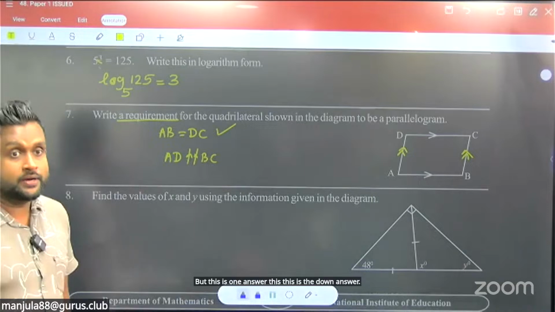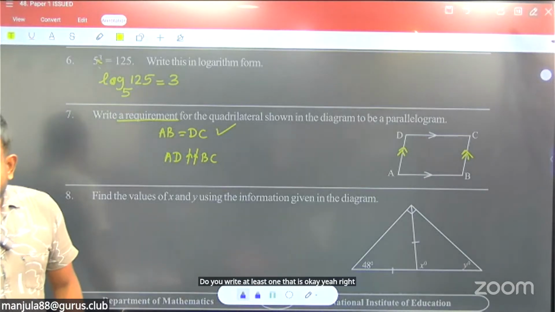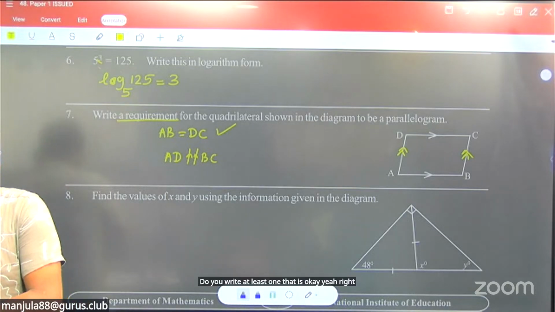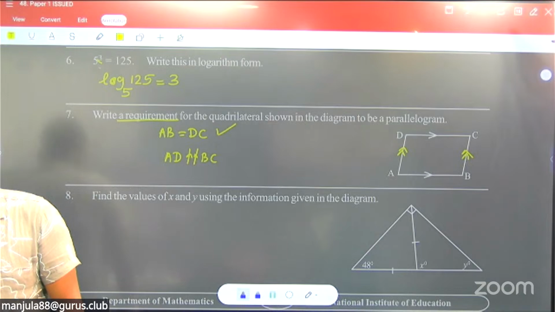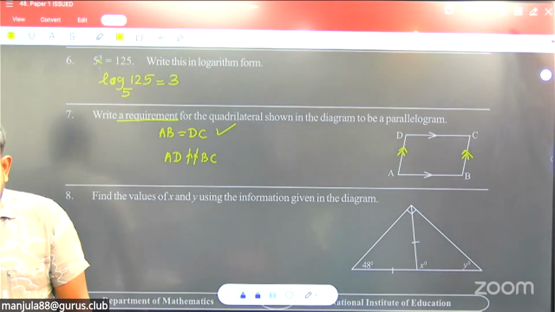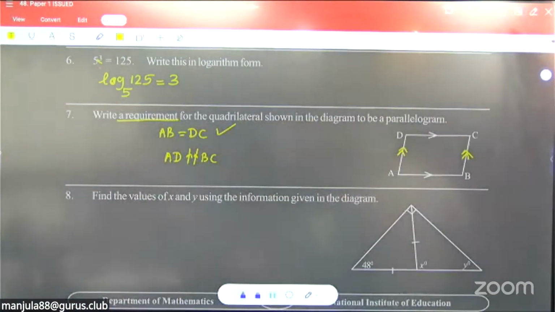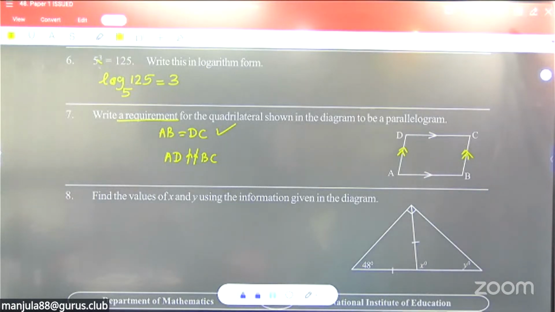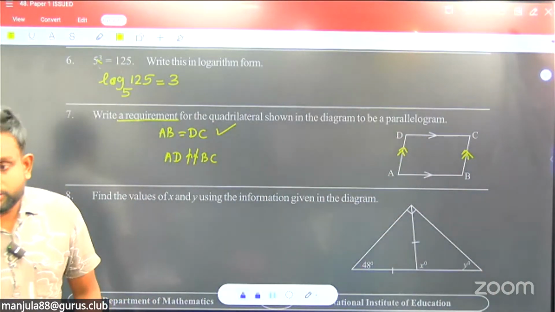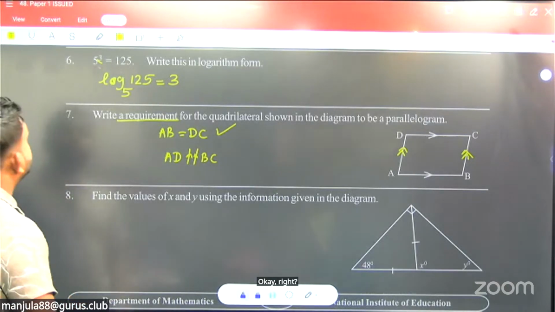If you write at least one, that is okay. Okay, right. That is done.